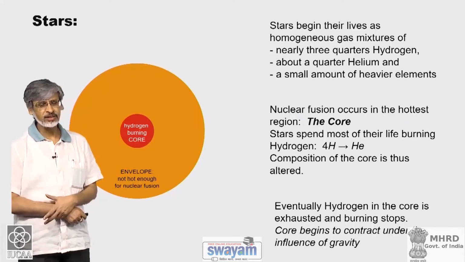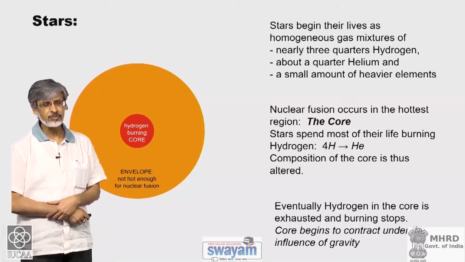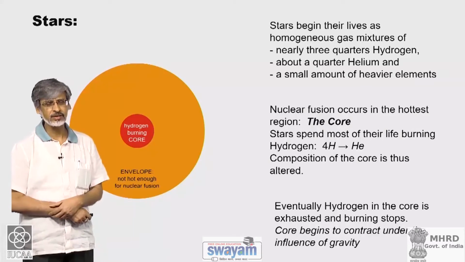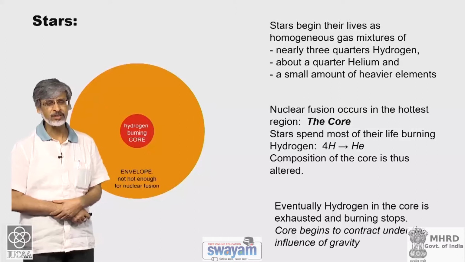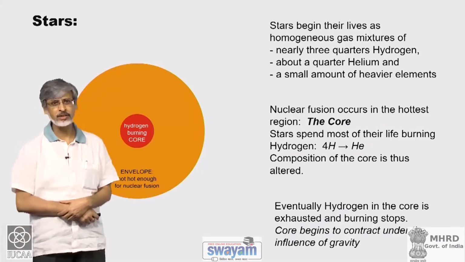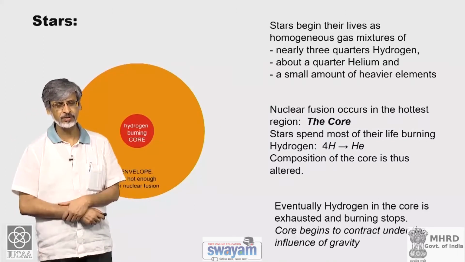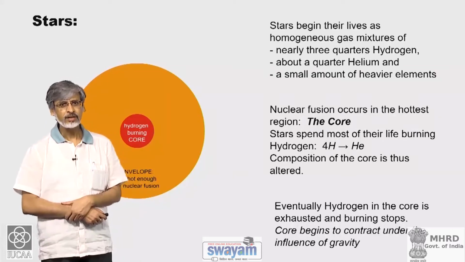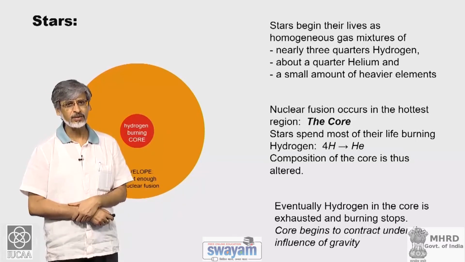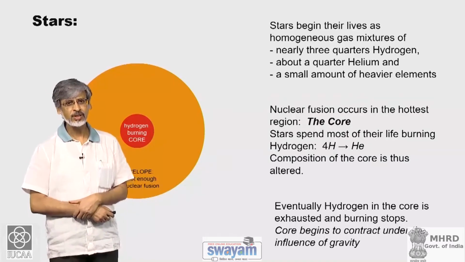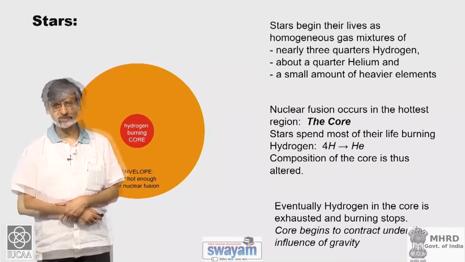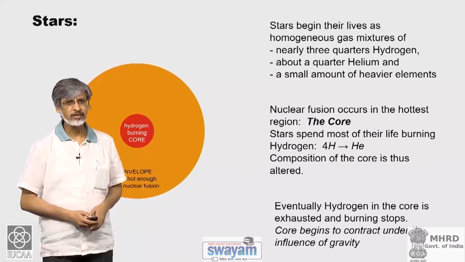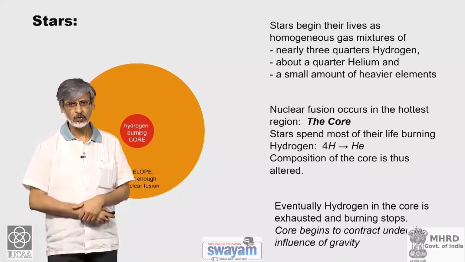In the gas globe that the star is, the surface temperature is much lower than the central temperature, and it is the temperature gradient from center to surface that allows the heat to escape from the interior to the outside. So, the center is the hottest, and the region around the center, which is hot enough to start nuclear fusion, is where the nuclear burning begins.